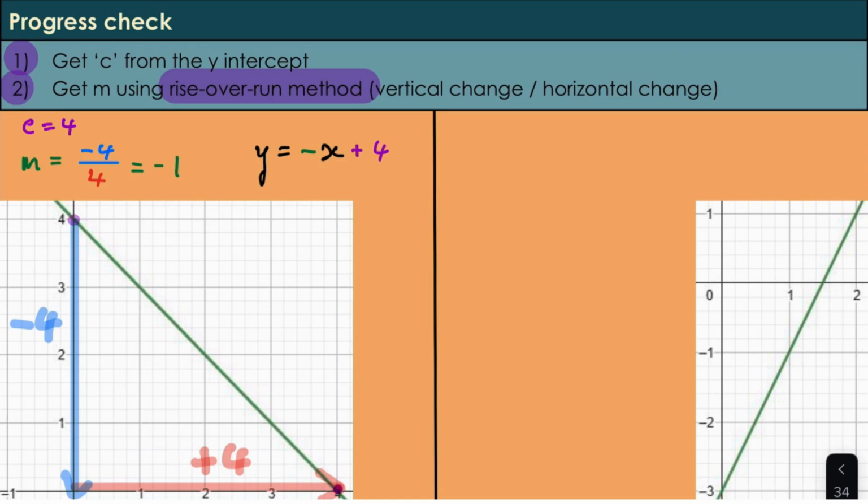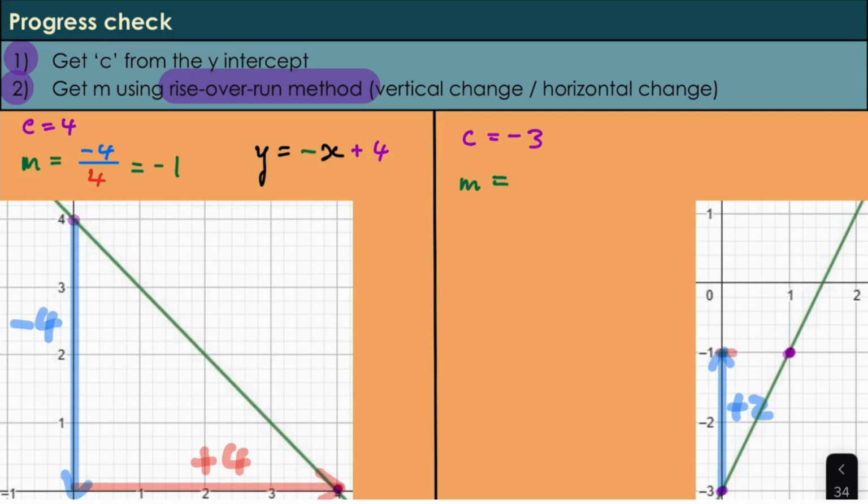Last example, step 1, get c from the y-intercept. Our y-intercept is negative 3, so we can write. And we have to get m using rise over run. So we label 2 points. Our other point, I'm going to use this point over here because I know what it is for sure. My rise, I went up 2 blocks, so that is plus 2.